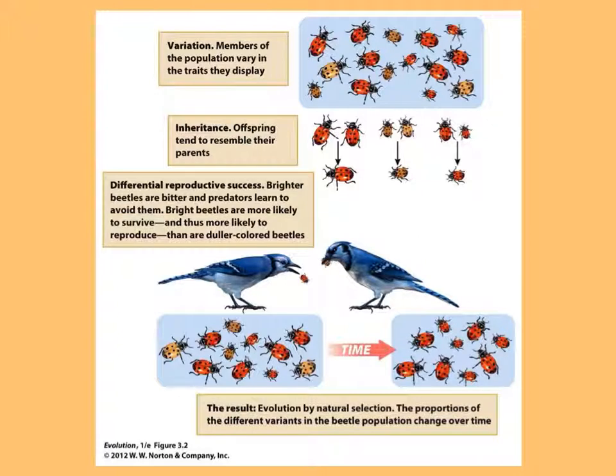So, this is evolution by natural selection again: variation, inheritance, and differential reproductive success. Bright beetles are bitter, and predators learn to avoid them. Bright beetles are more likely to survive and more likely to reproduce than the dull-colored beetles. And so over time, we end up with brighter beetles.